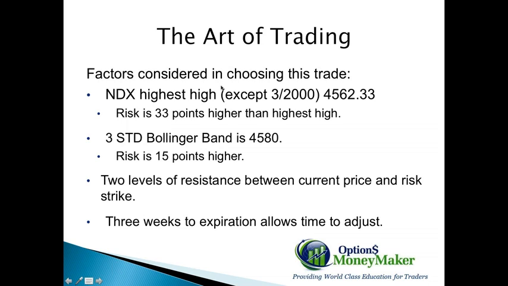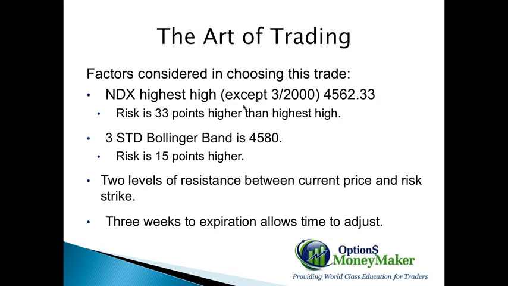So number one, the factors we considered in choosing this trade: NDX had achieved the highest price it has achieved in 15 years, and that highest price was 45.6233. We placed our risk point 33 points higher than the highest high that NDX had achieved since March of 2000.